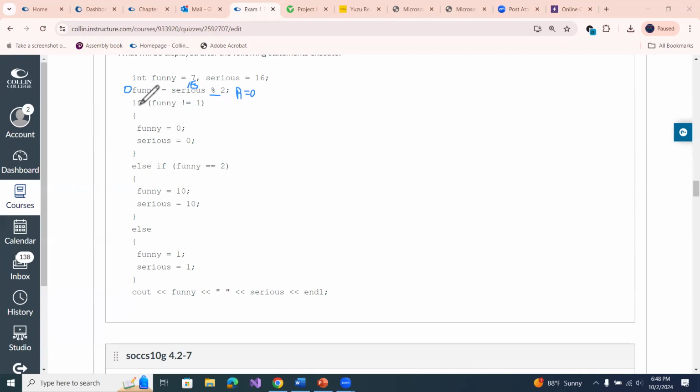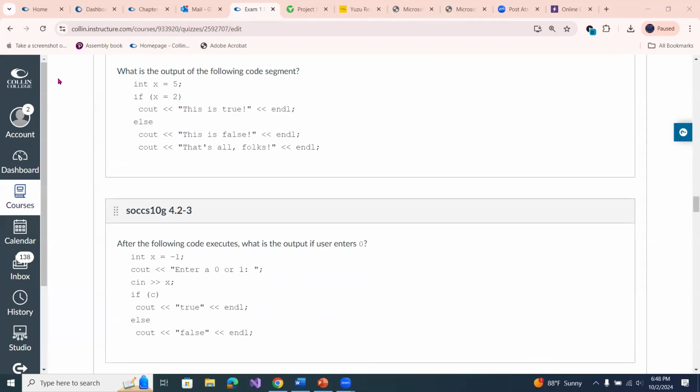Then it says, if funny is not equal to 1, well, is 0 not equal to 1? That's true. So it does this right here. It doesn't do else if, else. And then it couts this right here. So it's cout 0 and 0. You can type that up if you want and try it out.